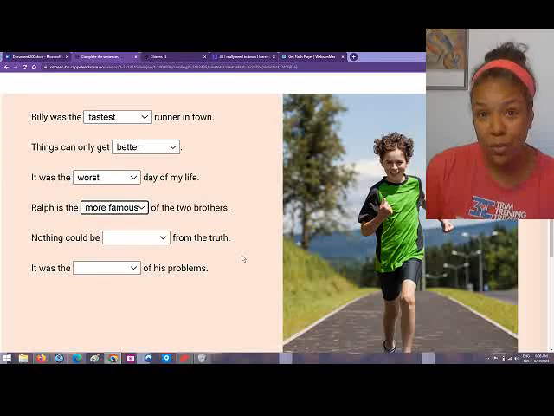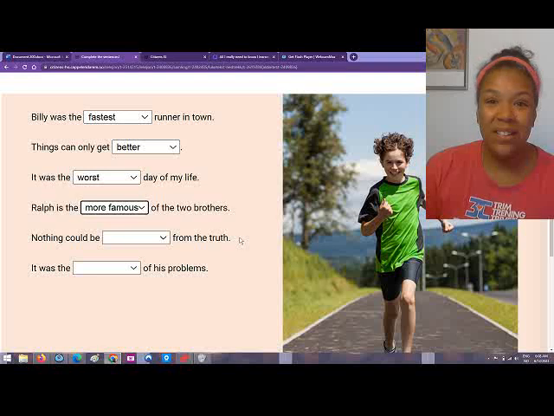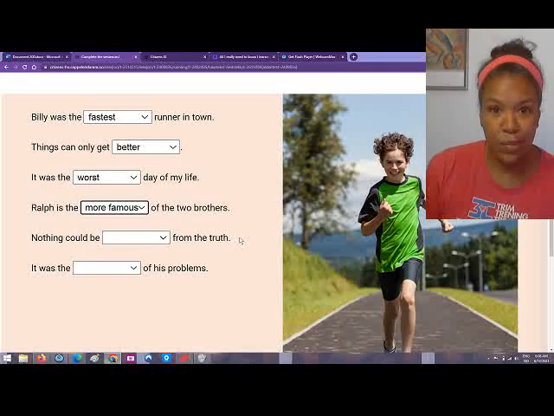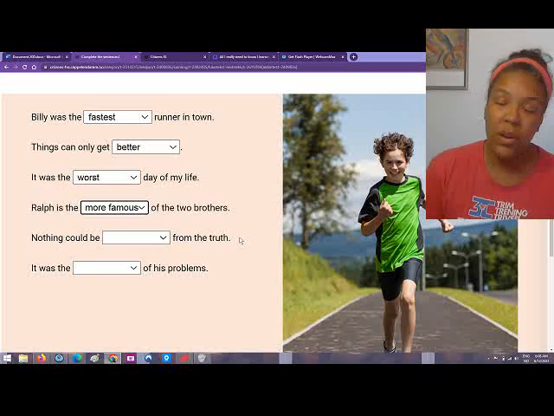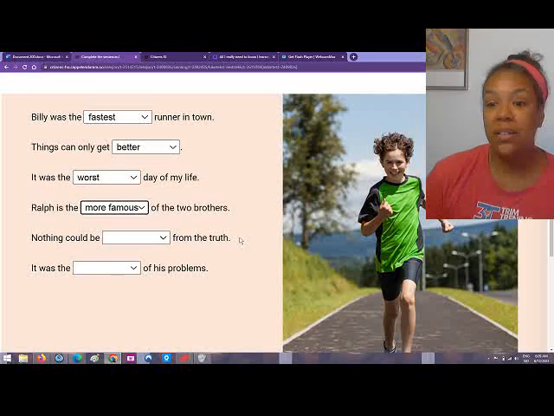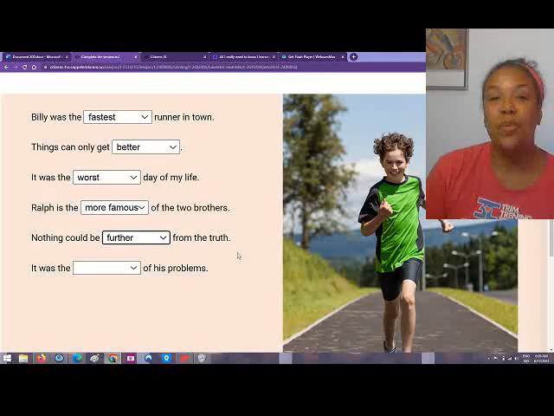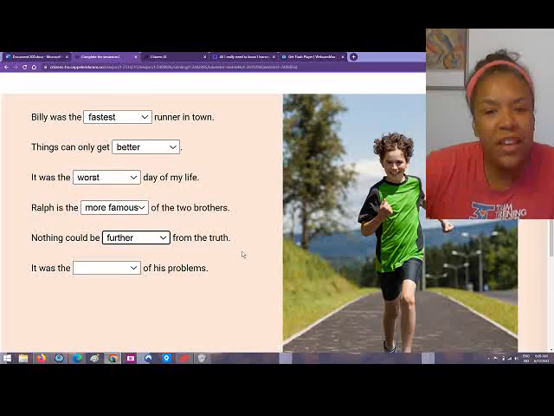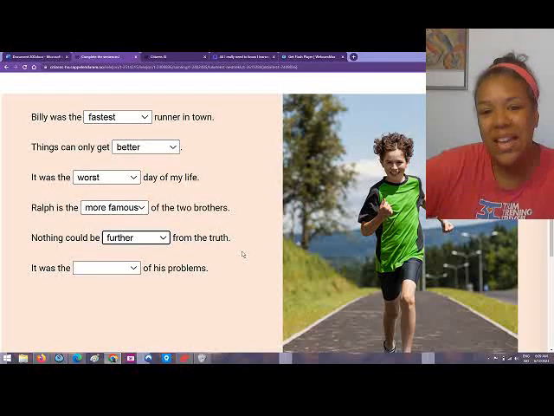Now the next one, I'm actually just going to complete it for you because it is not only an example here for you to use the adjectives in the comparative or superlative form, but it is also an idiomatic expression. Nothing could be further from the truth.